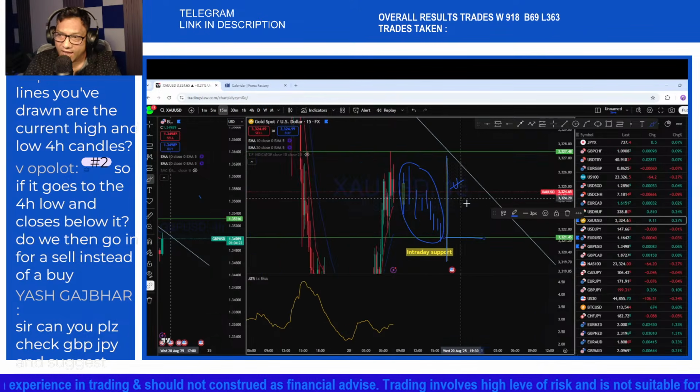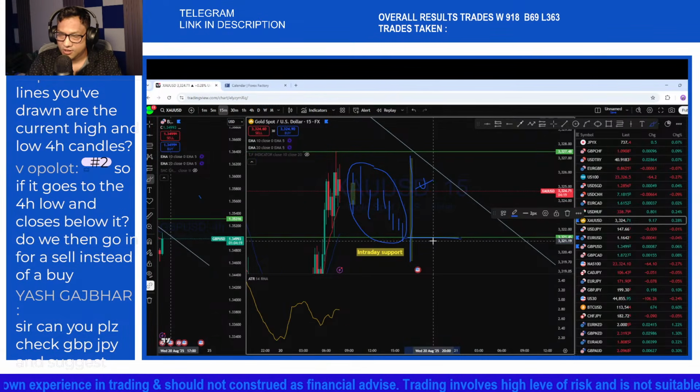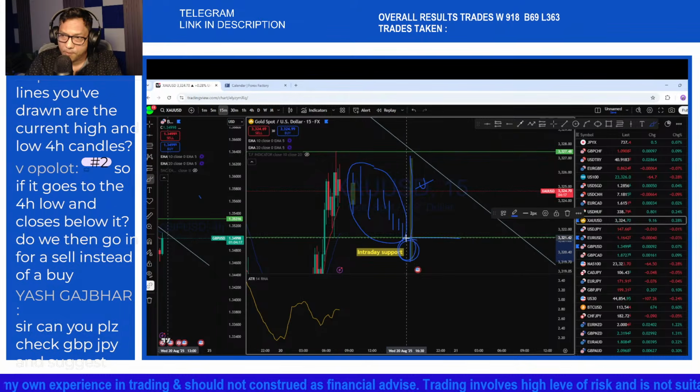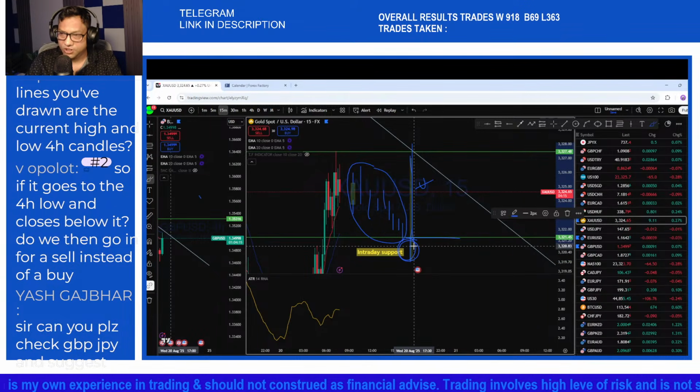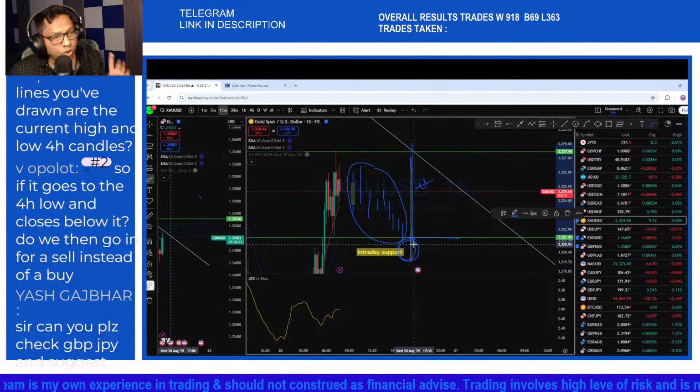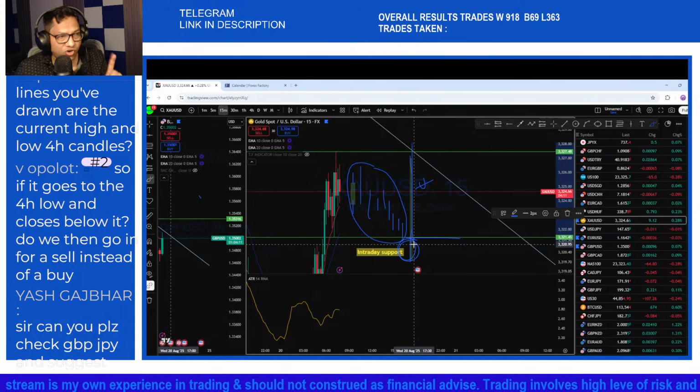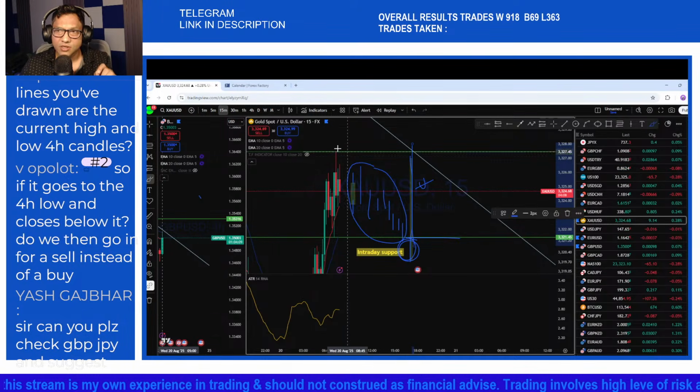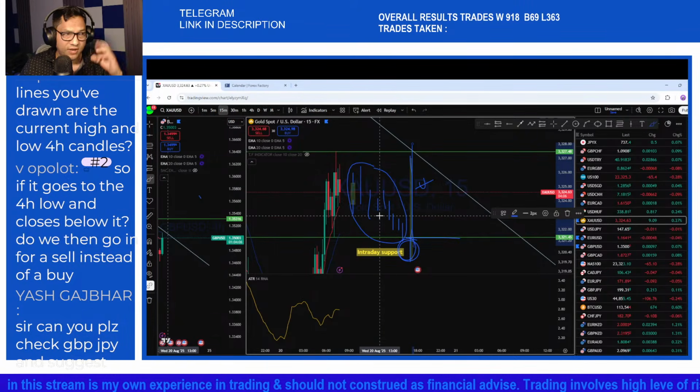So when you can align this situation, now when you are buying from here, also look at the higher time frame trend. That means if you are doing it on 15 minutes, look at the daily and 4 hour.